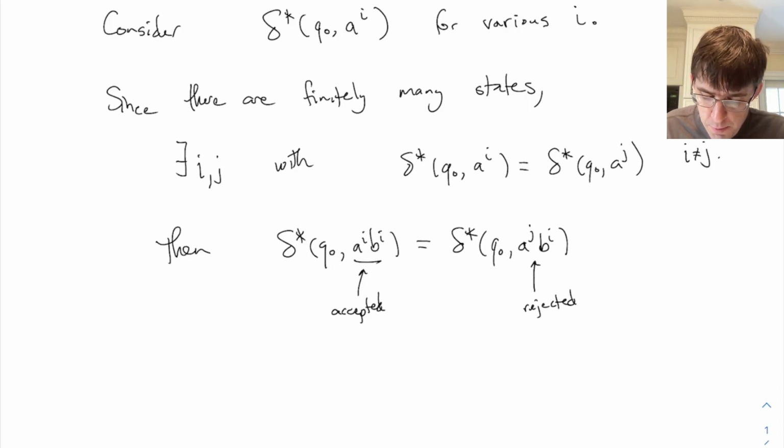So here the exponent really is the same, and so this will be accepted, but the exponent here is different, which means that this is rejected. And that's the contradiction. These two states are equal. This equal sign means they are the same state, but on the one hand, that is an accepting state, and on the other hand, that is a rejecting state.